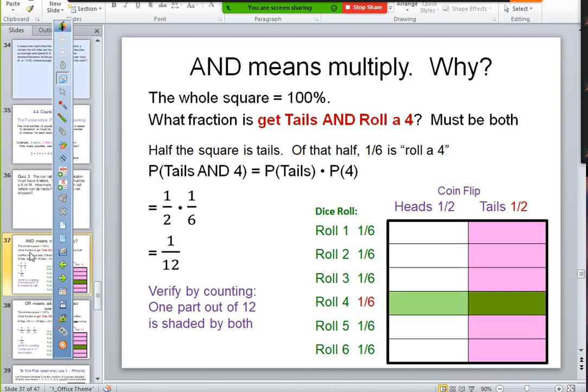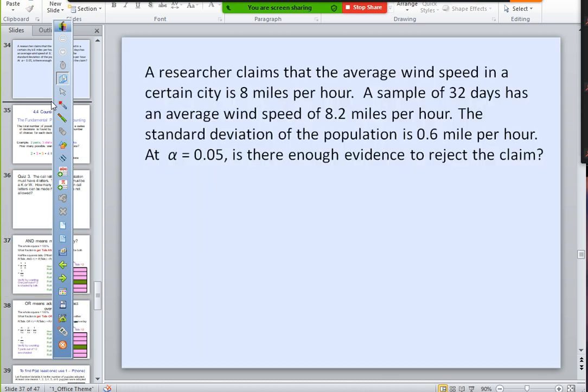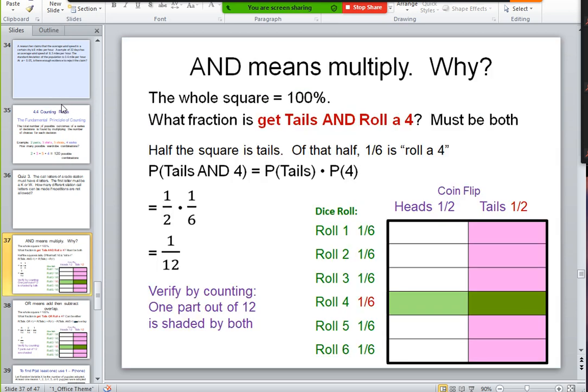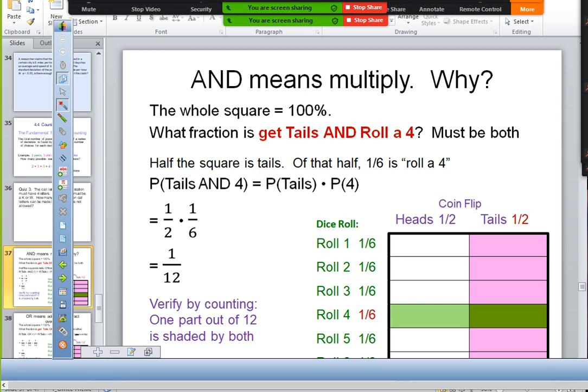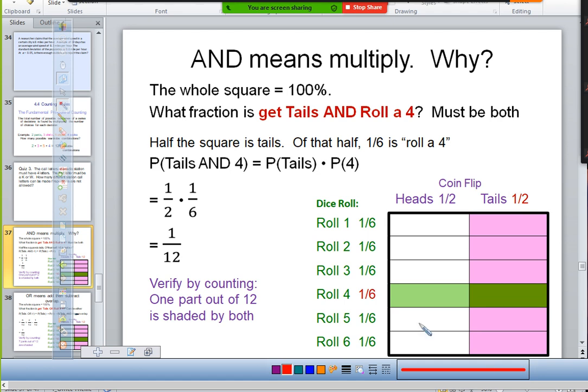Here is just a quick reminder about why "and" means multiply. "And" means you have to pass more than one test. I have to get a tail, and I also have to roll a 4. I have to do both things.